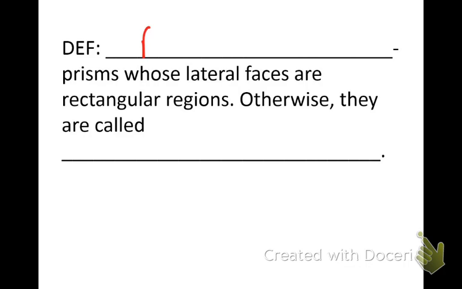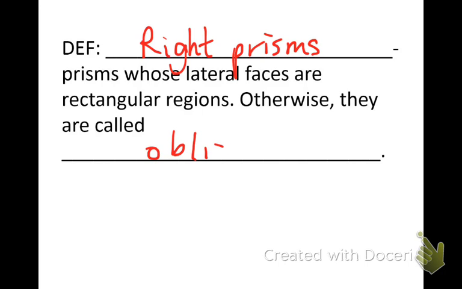Right prisms are prisms whose lateral faces are rectangular regions. Otherwise, they're called oblique prisms. All the examples in the solids I just showed you are right prisms. The sides were rectangles.